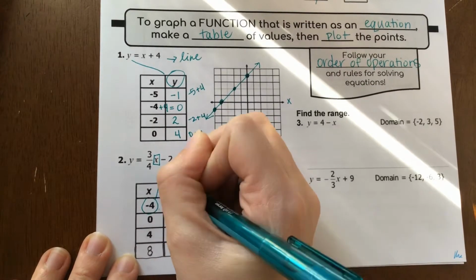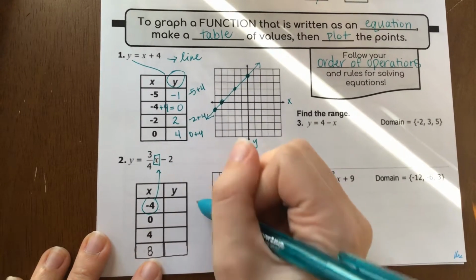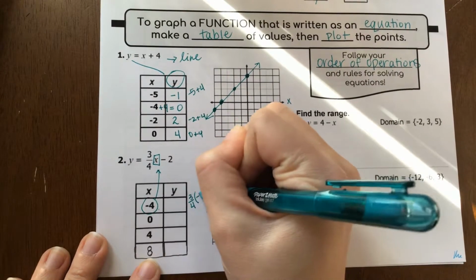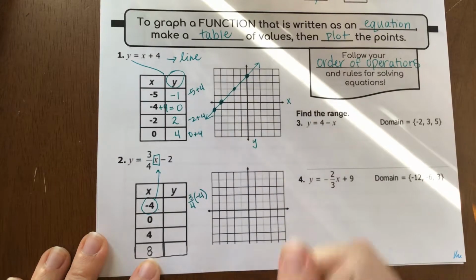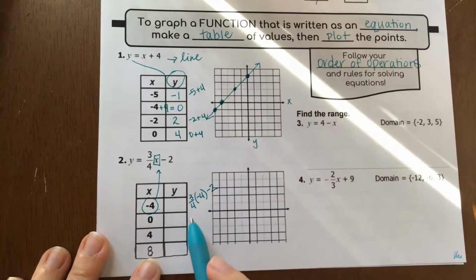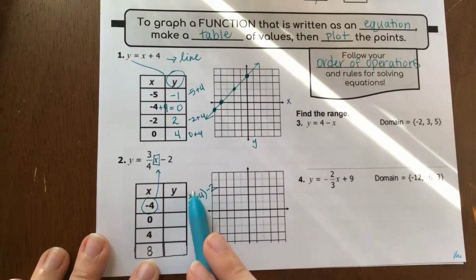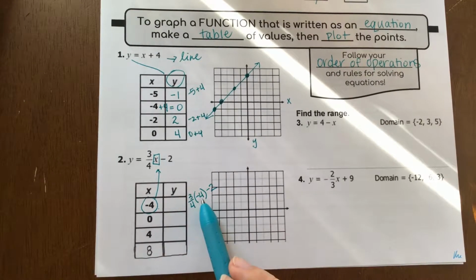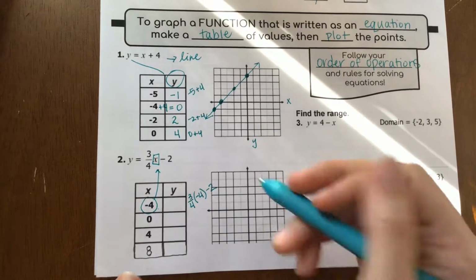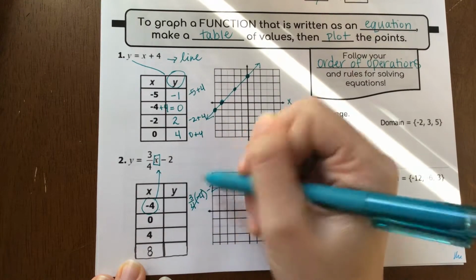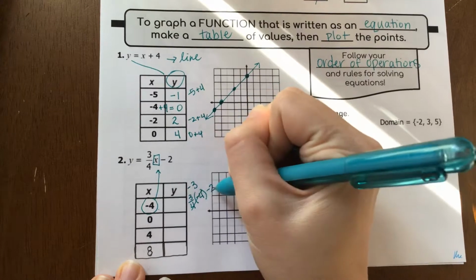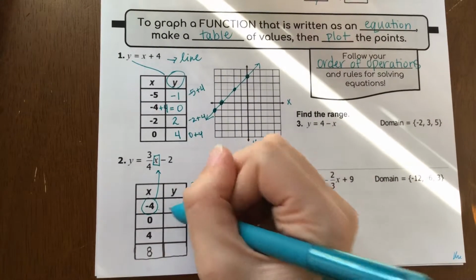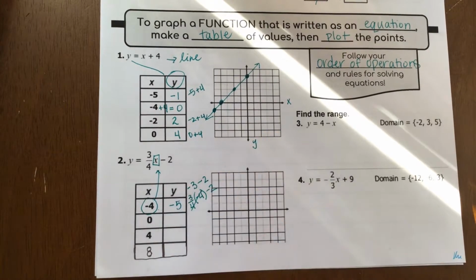-4 for x first, we'll get something that looks like this. So 3/4 times -4, notice how we put that in parentheses, minus 2. Order of operations says we need to do the multiplying first, so 3/4 times -4, which is going to end up being, because those will cancel out, -3, and then we subtract 2, which is going to be a -5.